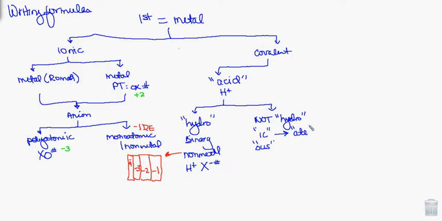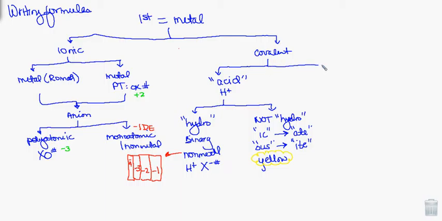Replace the ic with an ate and find that polyatomic ion on your yellow sheet. Replace us with an ite and find that polyatomic ion on your yellow sheet. Once you have those ions, you'll again take the ion, whatever it might be, and join it with hydrogen.